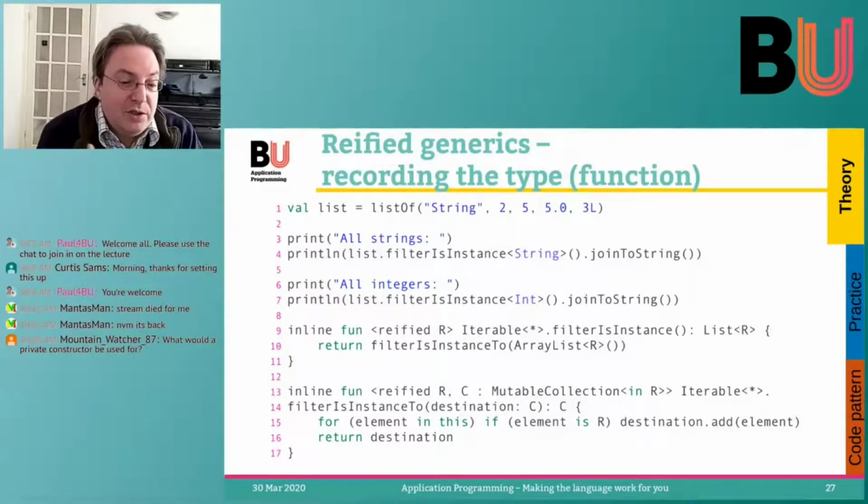So what this does is create a list of the elements of that particular type. And filterIsInstanceTo basically checks for every element in the receiver, that's the iterable that it takes, if it is an instance of R, and in that case adds it to the resulting list, and then returns the destination.